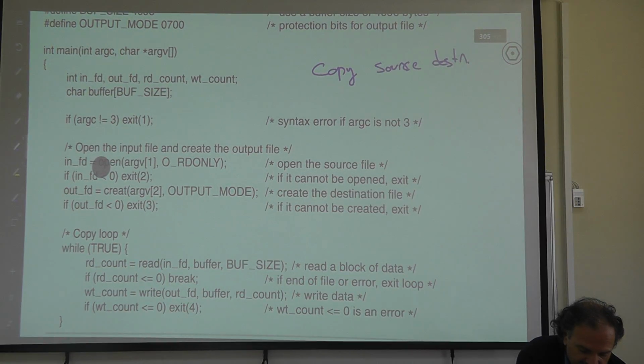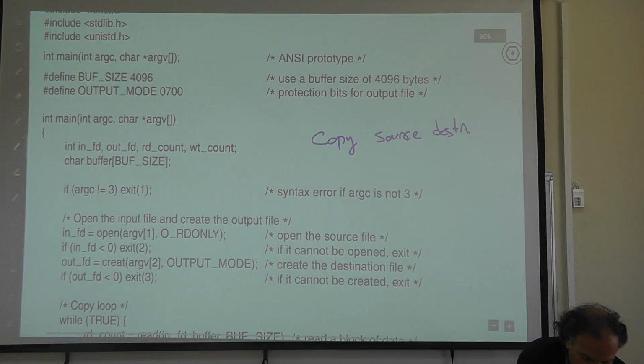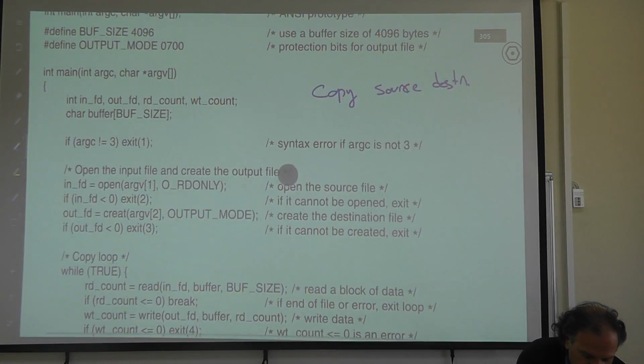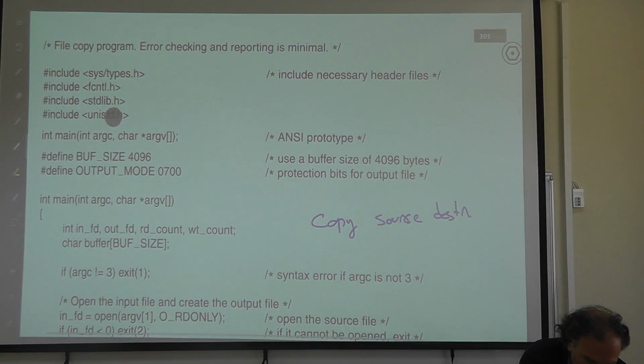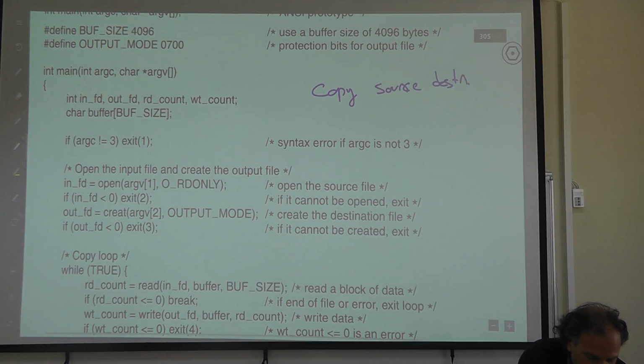Then I read the first argument, okay? First argument. Open a file, open read only. And where is it defined? I guess in this header, right? I don't know where it's defined. It is defined somewhere in one of those header files.